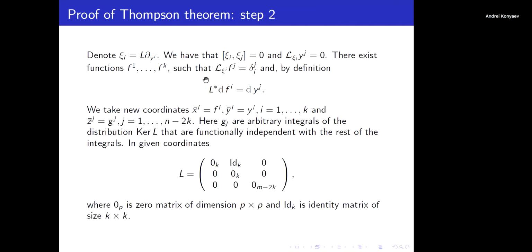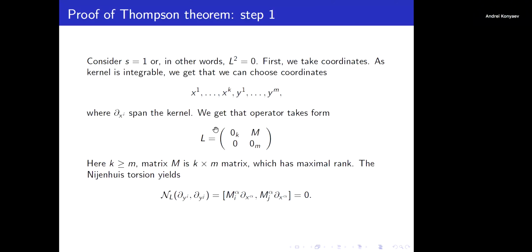And we see that because the rank of this matrix does not change from point to point, these vector fields are linearly independent, because there are m of them, right?